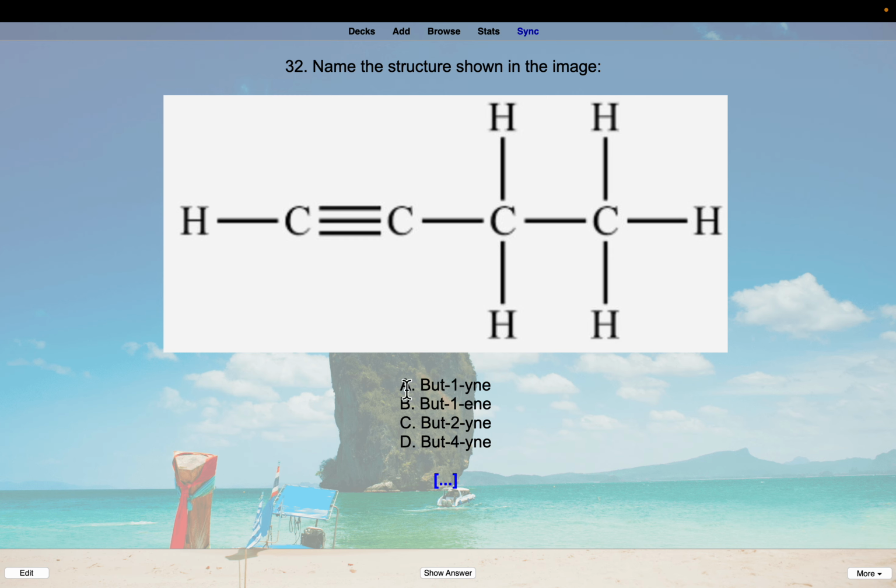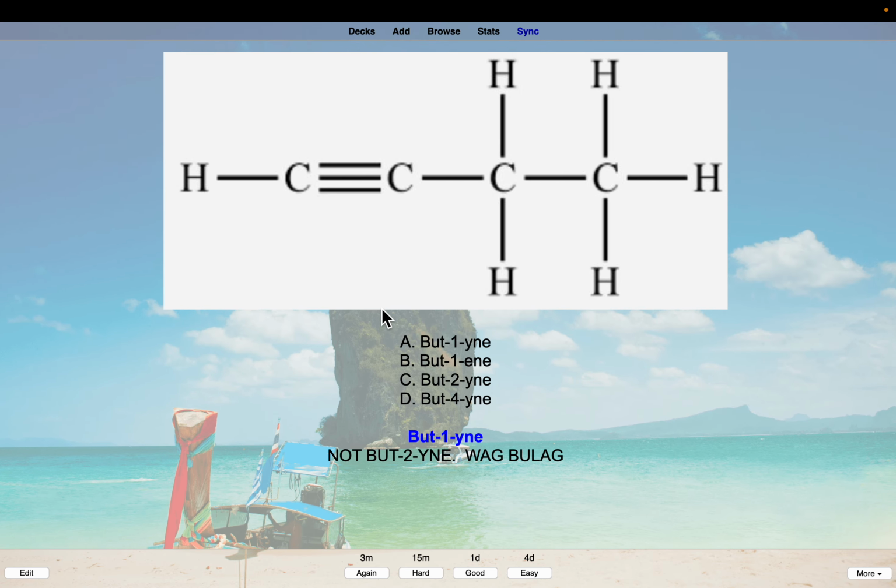So 1-butyne is the answer. It can't be 2-butyne. It can't be 4-butyne. We don't start counting from the right. We start counting from the left because regardless of whether it's a double bond or a triple bond, we start counting where it's closer. So 1-butyne, not 2-butyne.